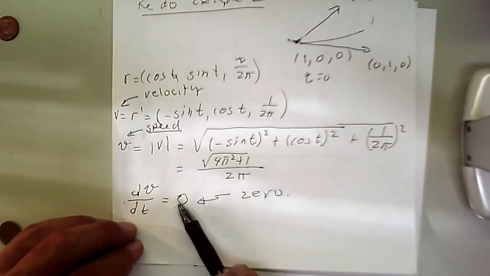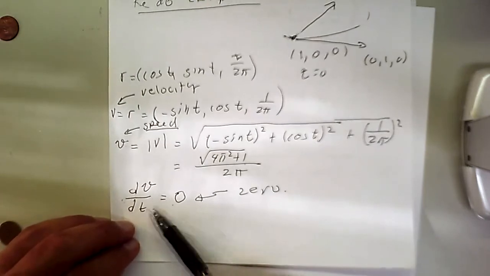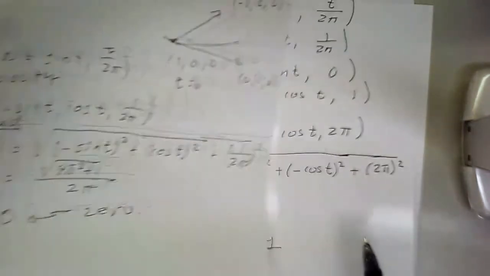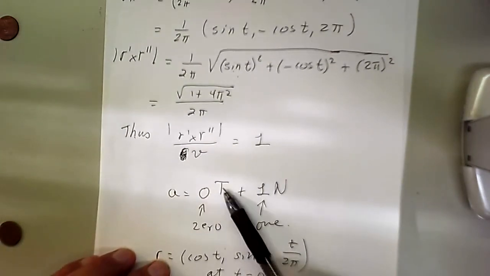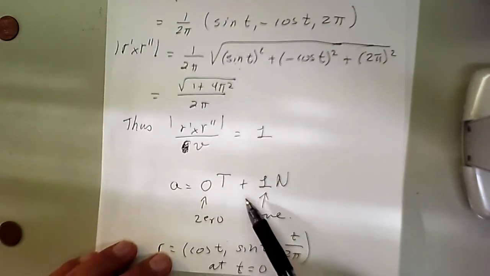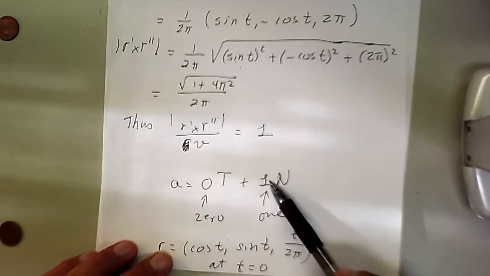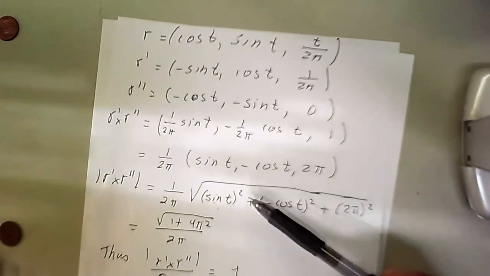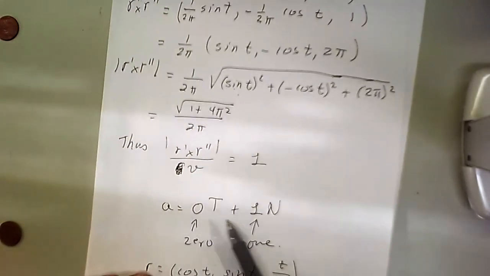So the derivative of the speed relative to the time is going to be 0. So this is always going to be the case that we get no contribution of the tangential vector for the acceleration. And is this always going to be 1? We did not plug t at all, which means yes. So this is the case.